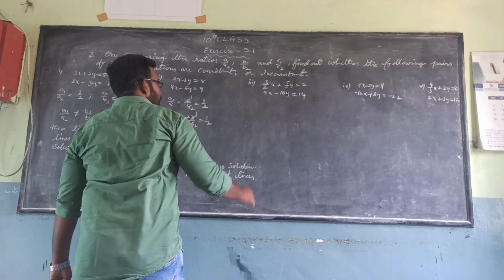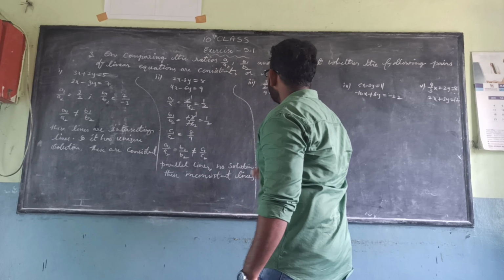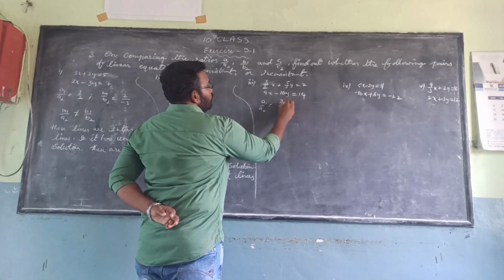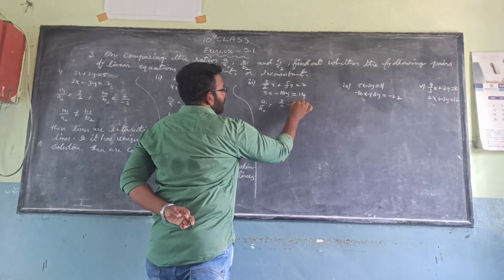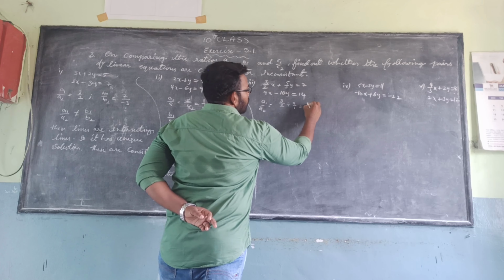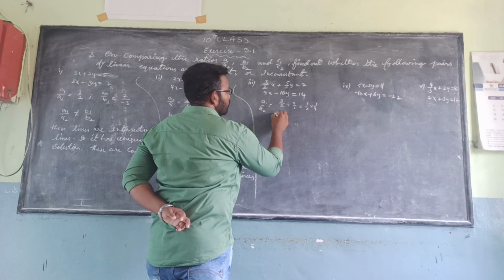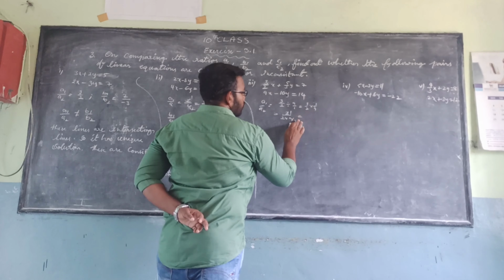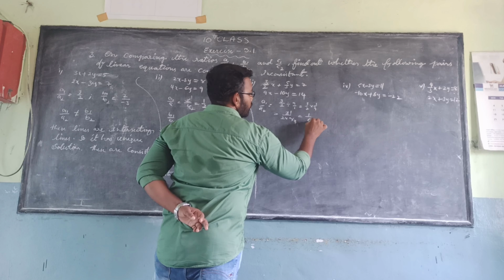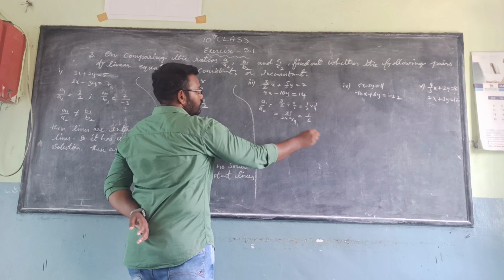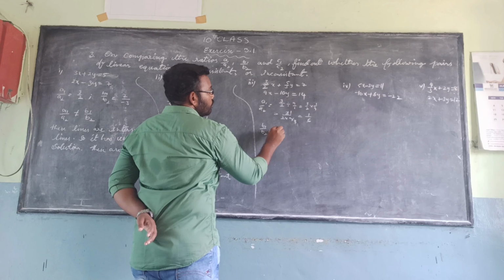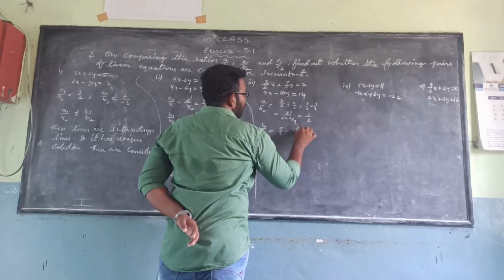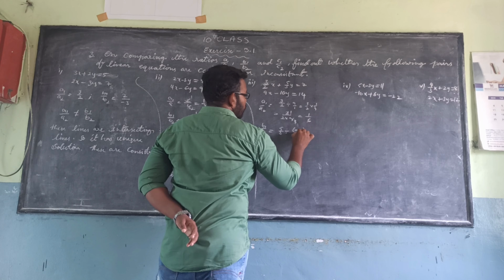Inconsistent lines. Next one, third one, a1 by a2 is equal to 3 by 2 divided by 9 by 1. That means 3 by 2 into 1 by 9, so you get 1 by 6. So a1 by a2 is equal to 1 by 6. Now b1 by b2 is equal to 5 by 3 divided by minus 10 by 1.